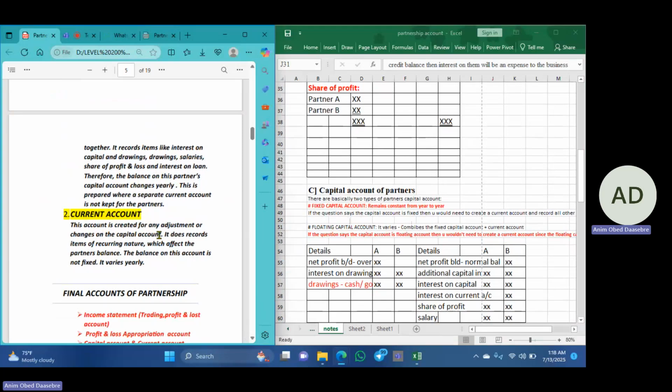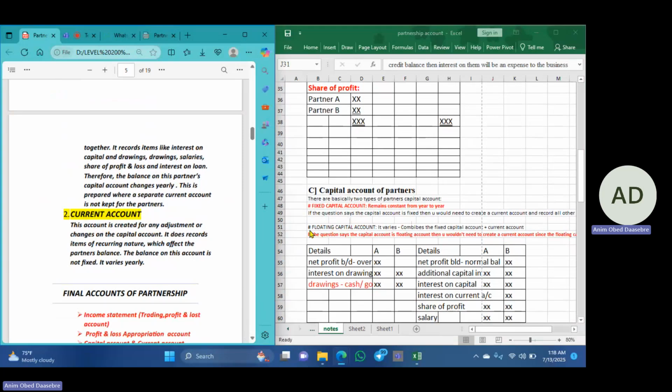So it records items that are of recurring nature, which affect partners' balance. Because you want to maintain the capital account of the business first. You don't want to touch it.